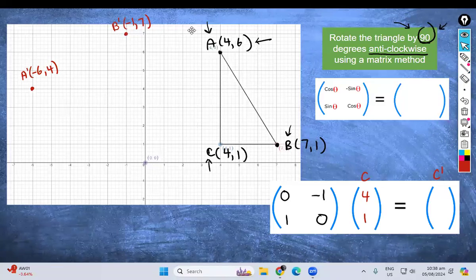Take half a minute. All right, so I think we're going to get -1, positive 4.